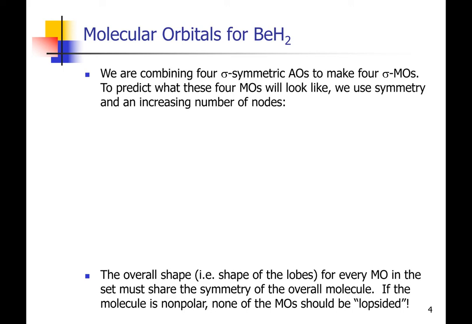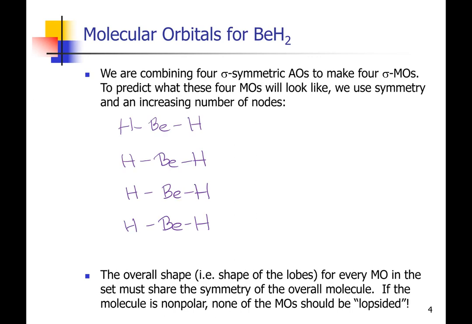So we start with 4 atomic orbitals. That means we're going to make 4 molecular orbitals. So I'm going to draw my molecule 4 times. And I'll draw it one more time up in the corner here so that we have a place to doodle to show what our atomic orbitals look like on the atom itself.